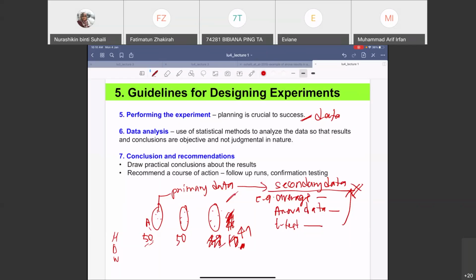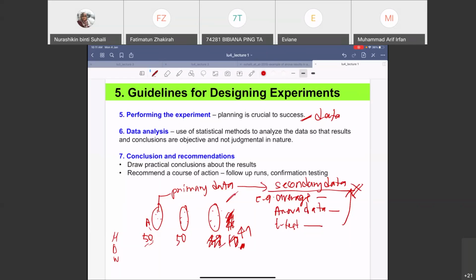It will give us an idea about your data. Yeah? Kalau you present primary data is like when you say that you have 50 beetles from sample A, there are 50 heights, 50 values of diameter, 50 values of weights.